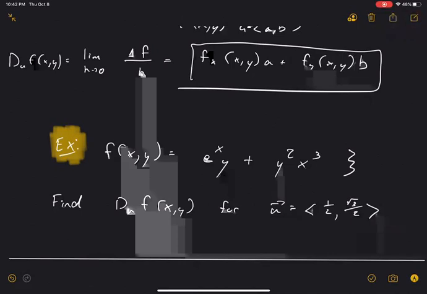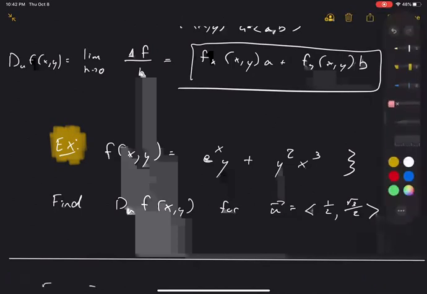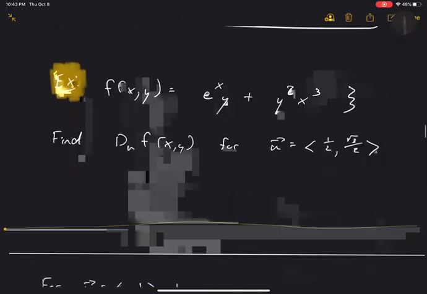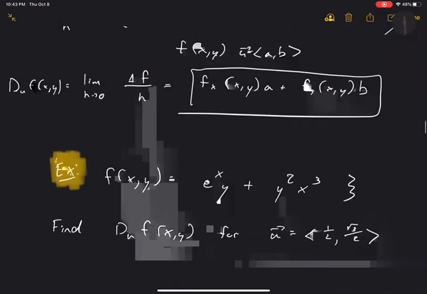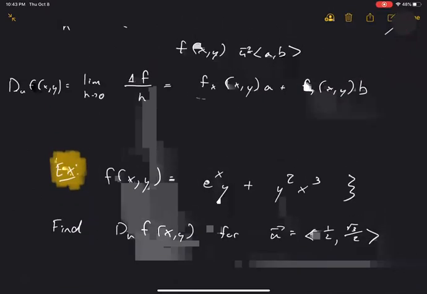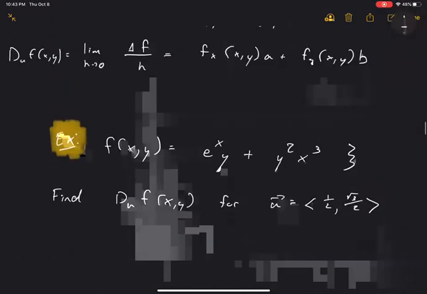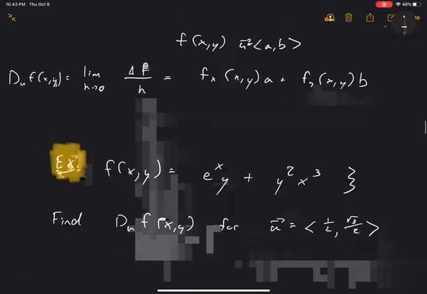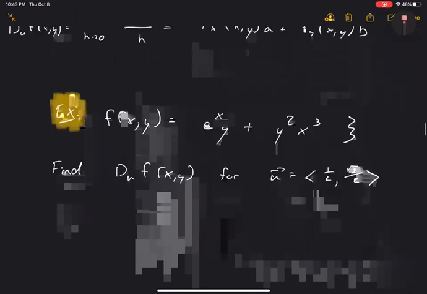Okay. Well, we know by our formula right up here, it's going to be f sub x times the first component, the a, so 1 over 2. And then it's going to be f sub y times the second component, square root of 3 over 2. So I got a lot going on my screen. I apologize.